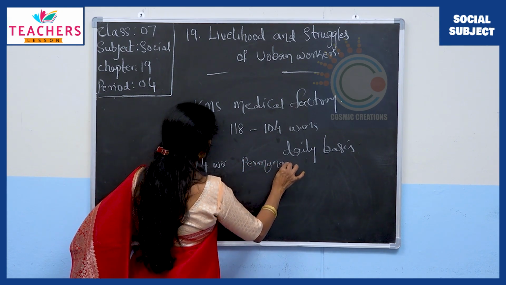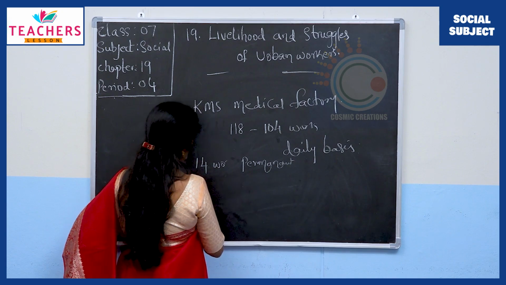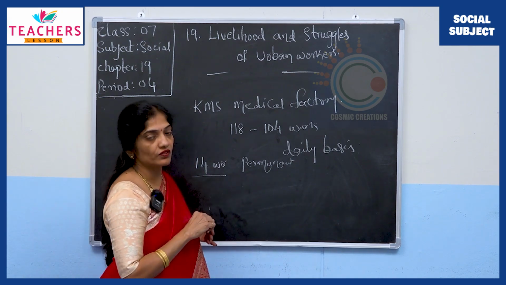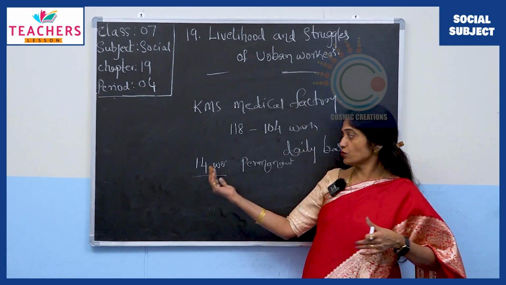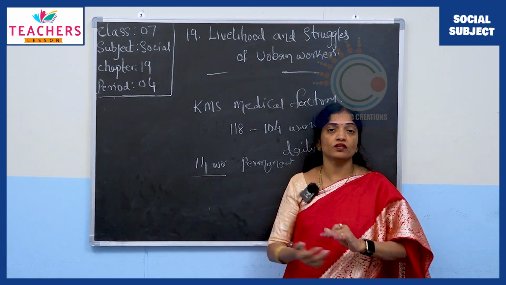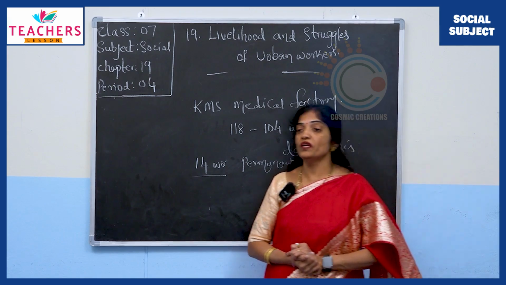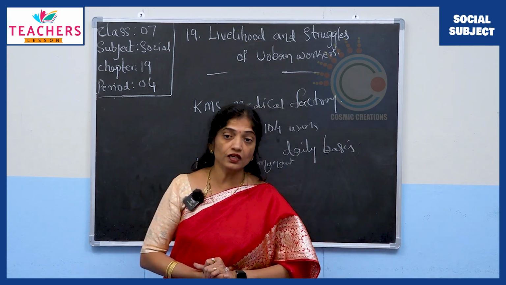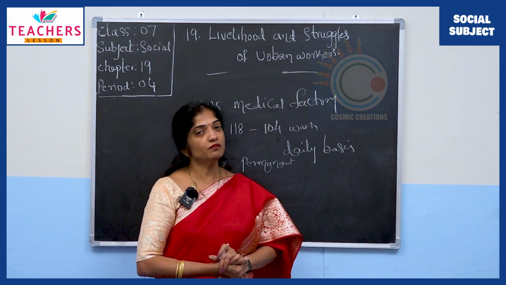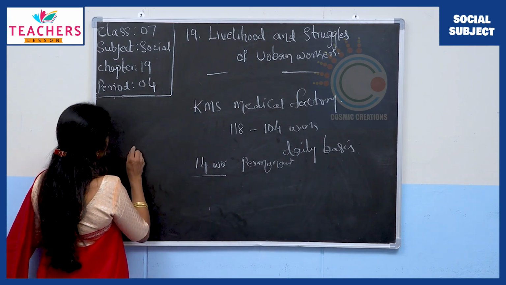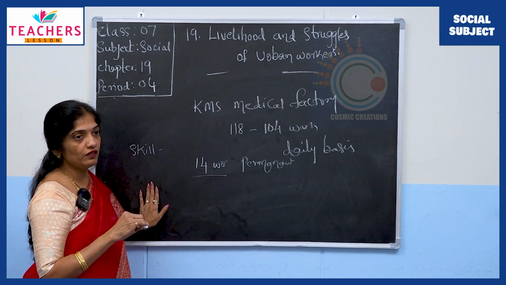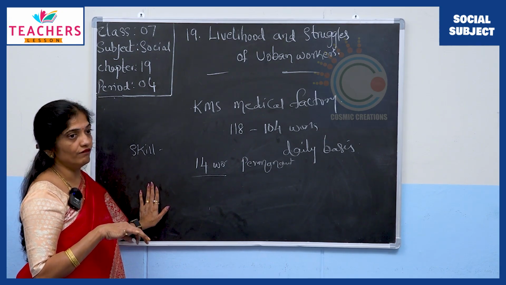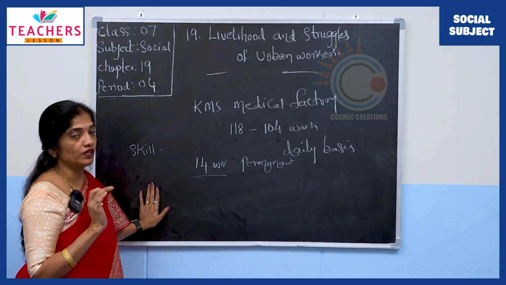So why are they taking very few as permanent workers? Because these 14 workers are said to be very skilled labor. Skilled means the person who can do his work very promptly and very correctly, without any mistakes, without any problem.